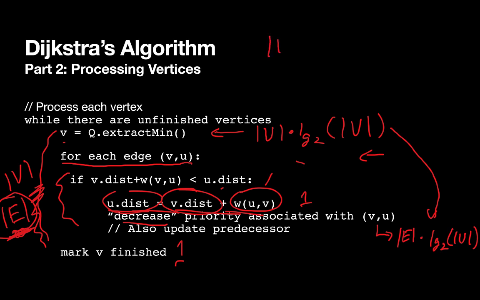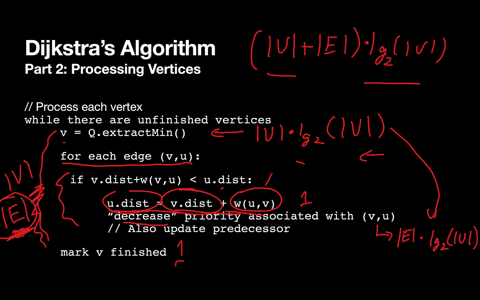So we'll end up with number of vertices plus number of edges times log 2 of number of vertices as our overall total time complexity for this particular implementation. And remember, the initialization was also V times log base 2 of V. So when we convert things to the big O notation, we would just have that occurring twice. So we'd drop the constant, and we'd end up with this total overall time complexity.